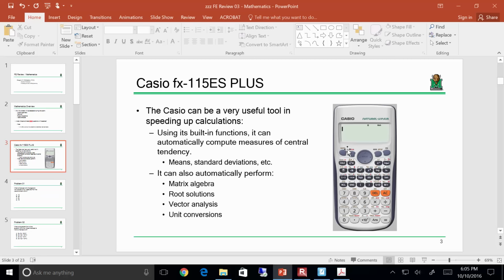But I liked my TI because I understood the statistics functions better and things like that. So it doesn't matter, but whatever calculator you decide to use, understand it, okay? Sound good? Okay.